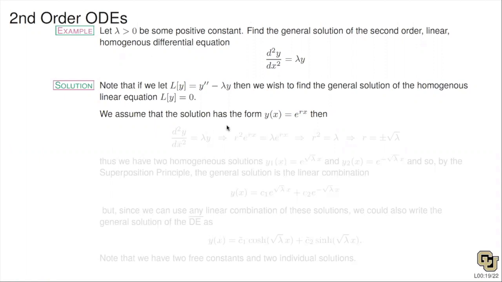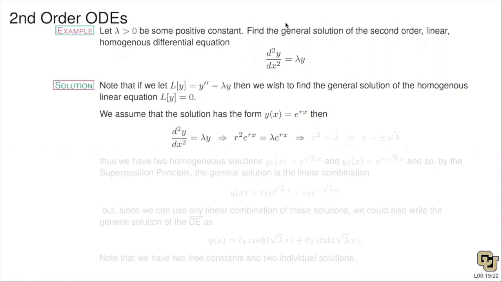So assuming y equal to e to the rx, where r is to be determined, if we plug it into the ODE, we get this equation. The derivative of e to the rx is r e to the rx. So if we do two derivatives, I get r times r e to the rx, or r squared e to the rx. On the other side, we just have lambda times e to the rx.